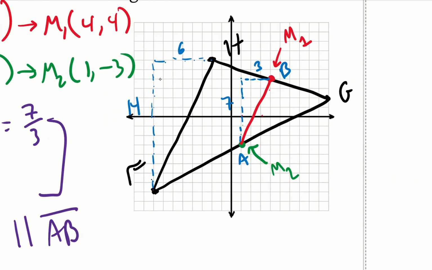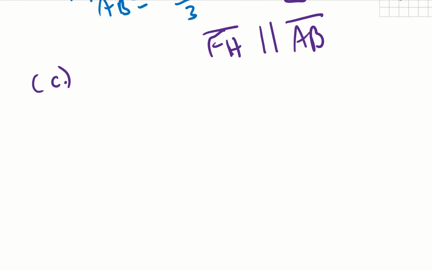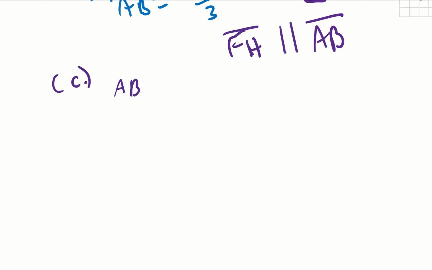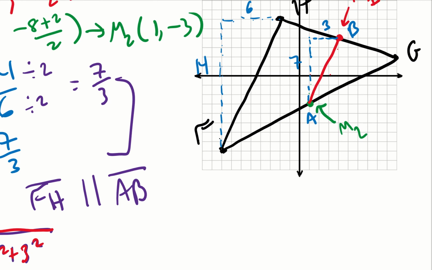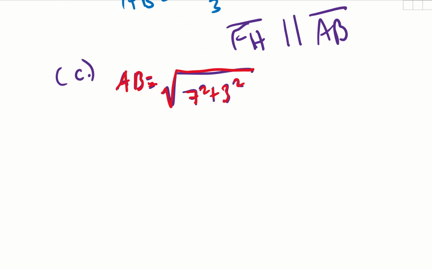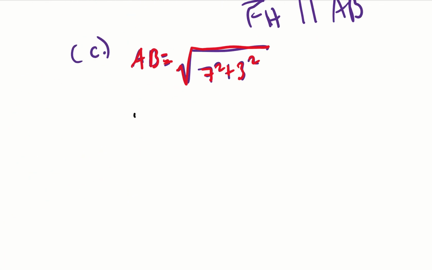So we're going to do the square root of 7 squared plus 3 squared. And that will give us AB. In fact, I will color code that because AB was red. And FH, we got the square root of 14 squared plus 6 squared.